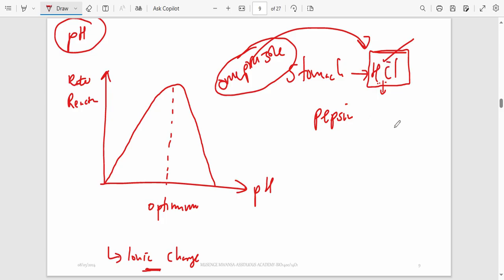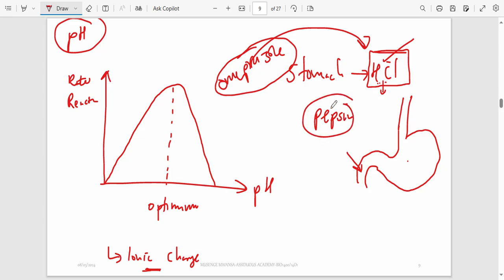When these enzymes move from the stomach, because here is your esophagus, here is your stomach, after the stomach you have the duodenum. When the enzymes move from the stomach to the duodenum, the duodenum is basic. These enzymes will be inactive, they'll be destroyed because they've gone into an environment where they cannot work. So take note of that.